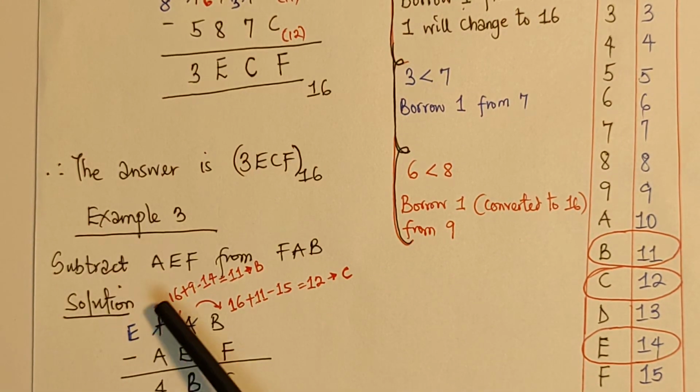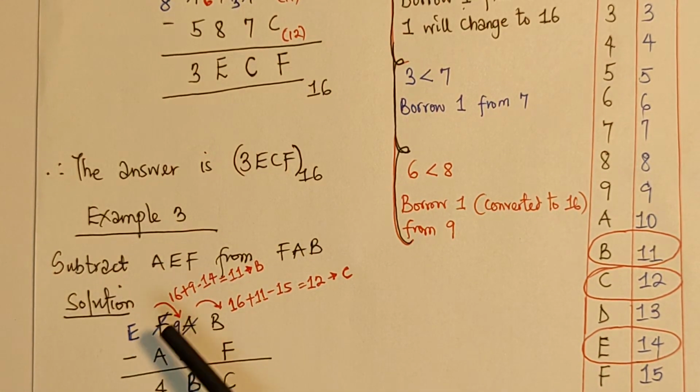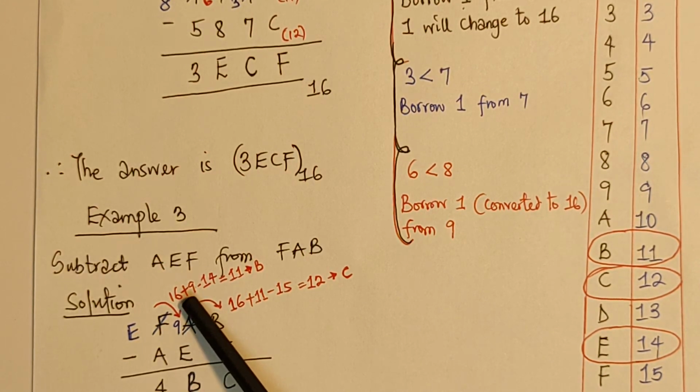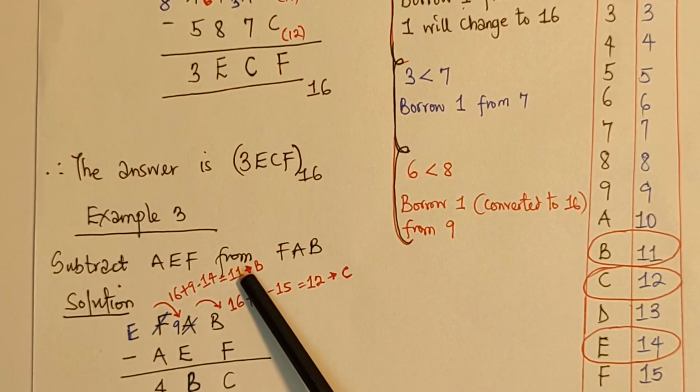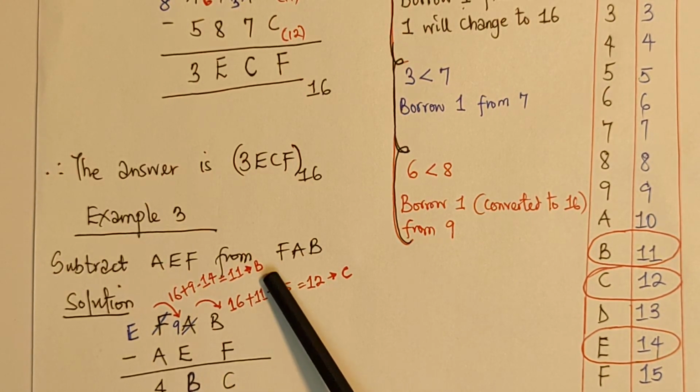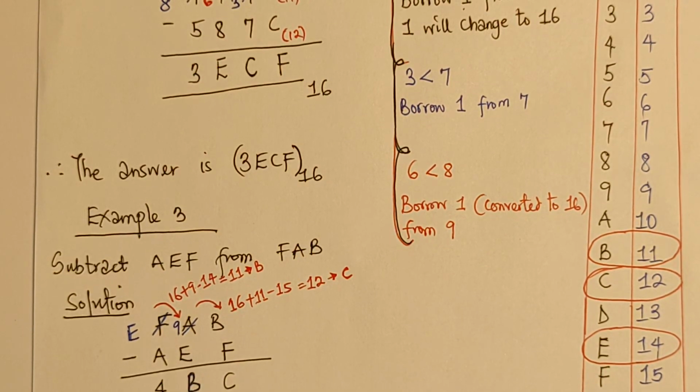We have to borrow 1 from F. When we borrow 1 from F, it will change to E. So when we borrow 1 and bring it over here, it becomes 16. So 16 plus 9 minus 14 will give us 11. And our 11 in hexadecimal form is B. So we'll write B here.